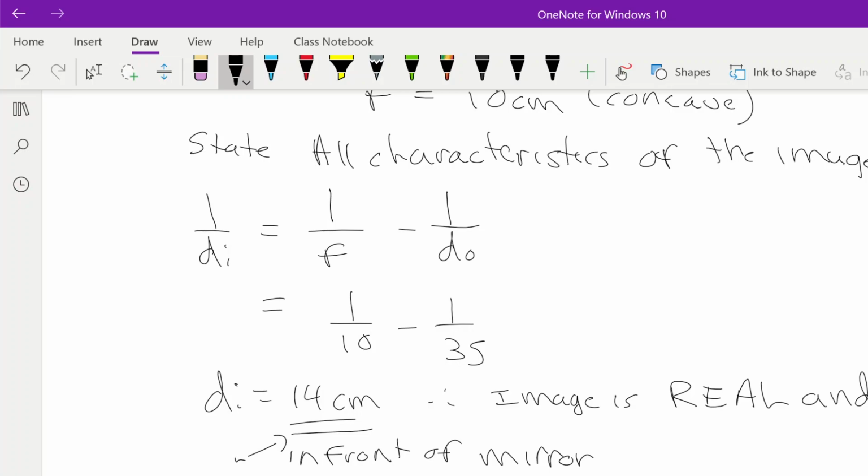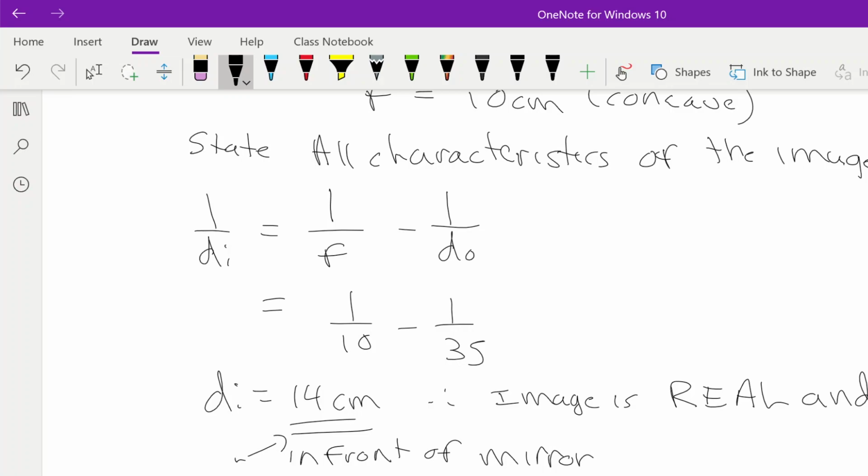To get the size, I do the magnification equals negative di over do. So now I'm going to put my numbers in. It's negative 14 divided by 35. And I'm going to get a decimal. 14 divided by 35 is 0.4. So I get negative 0.4 as my magnification factor.